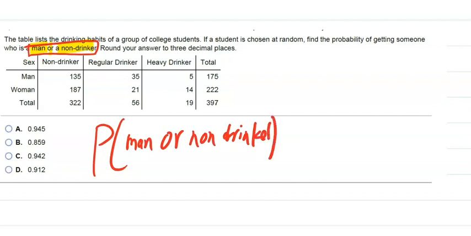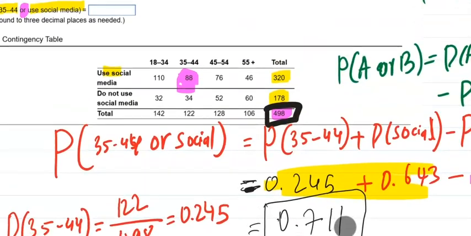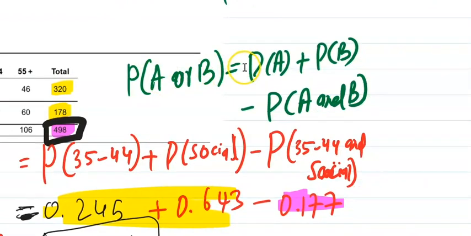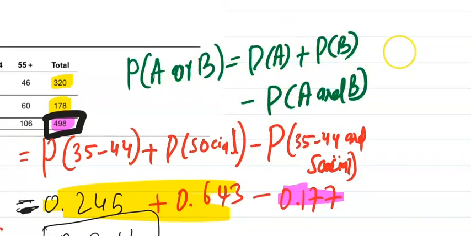So if you have "or" here, this is the general addition rule, and you got to use the formula we had just before. See, probability of A or B equals probability of A plus probability of B minus probability of A and B. So to find the "or", you got to use this formula.